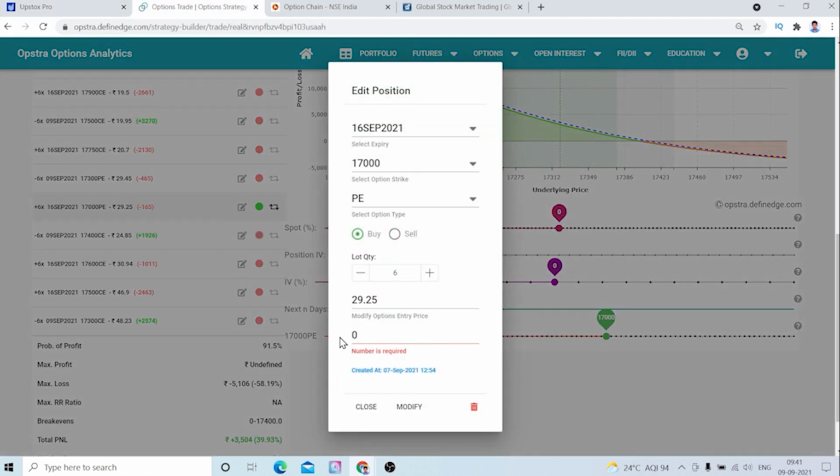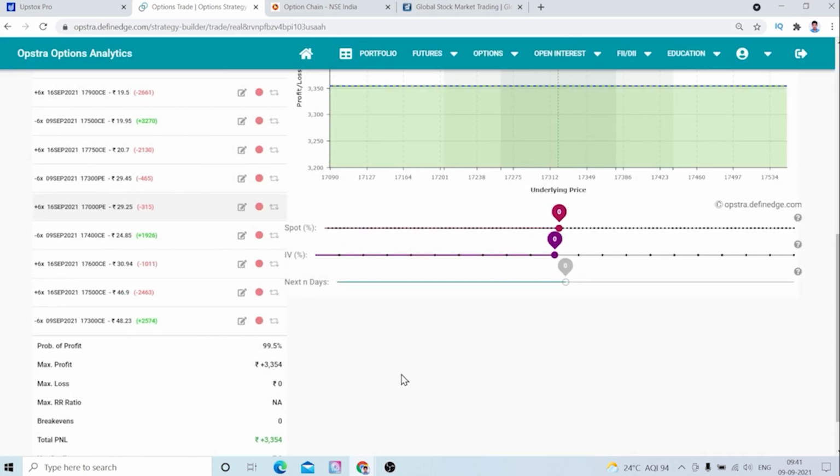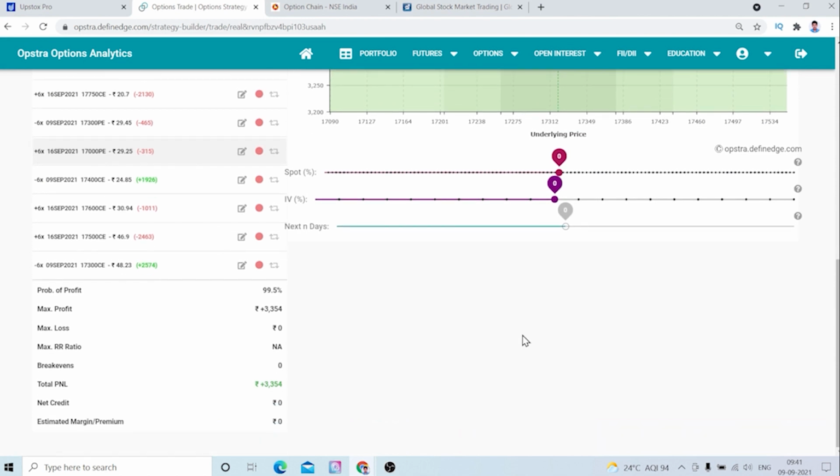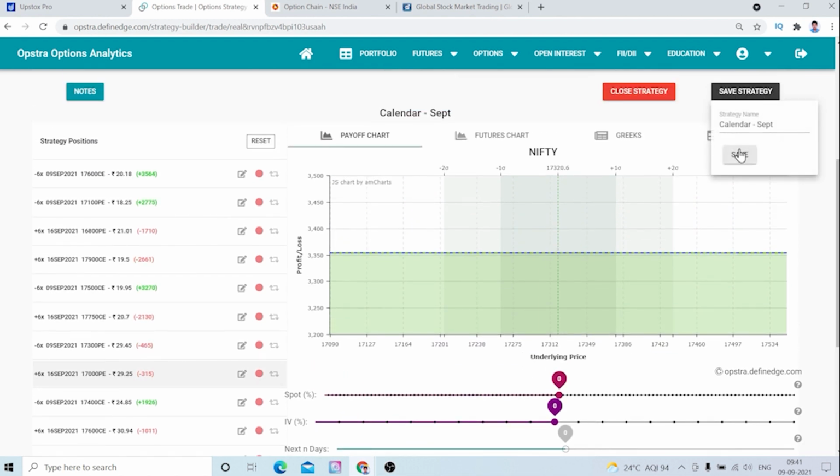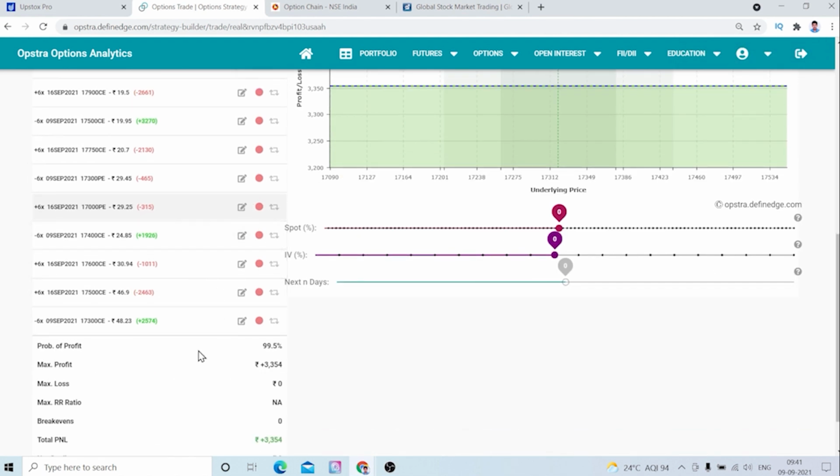So we have updated all the exit position information in Opstra. Now we can see a total profit of 3,354 rupees for this weekly trade. So this is a very good trade. We have seen up to a 4,800 loss also, right? We were able to convert that loss into profit by doing proper adjustments.